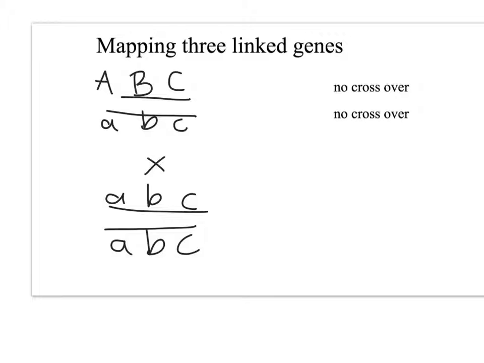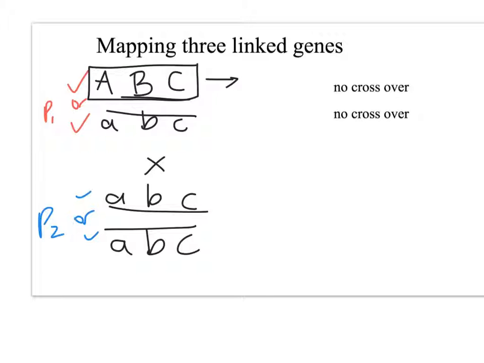So what would happen in this scenario? Well, you get to give one or the other from parent one, or one or the other from parent two, and that's what goes on to the progeny. When we talk about no crossing over, you could either give this to your offspring, or you could give this.